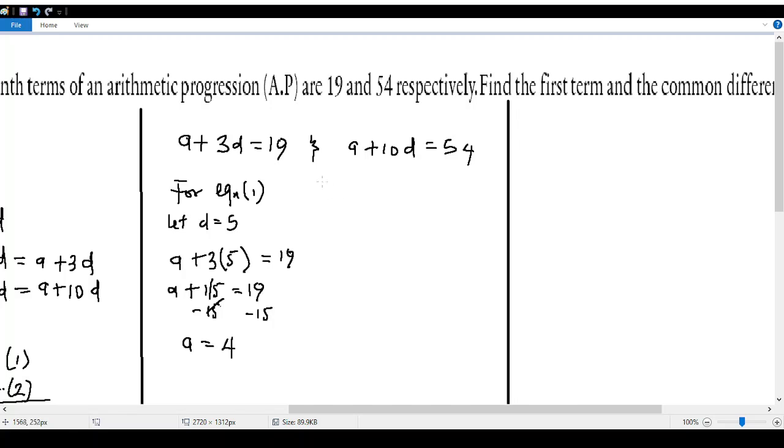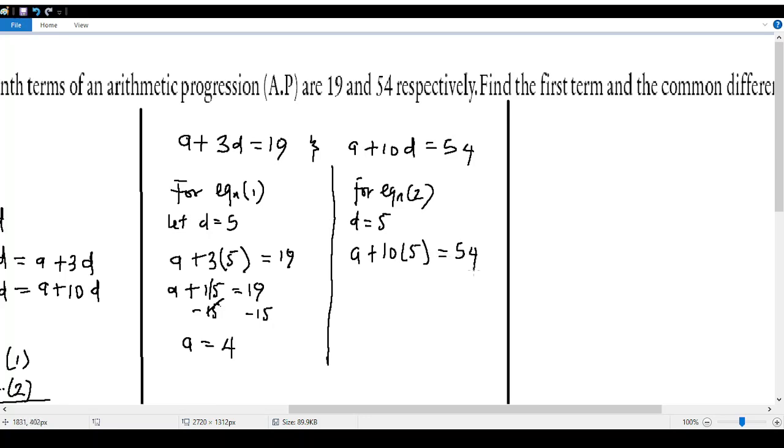So if you're still skeptical about the patterns to this, you could use the second equation. So for equation 2, d is still 5: a plus 10, d is 5, bracket close, is equal to 54.